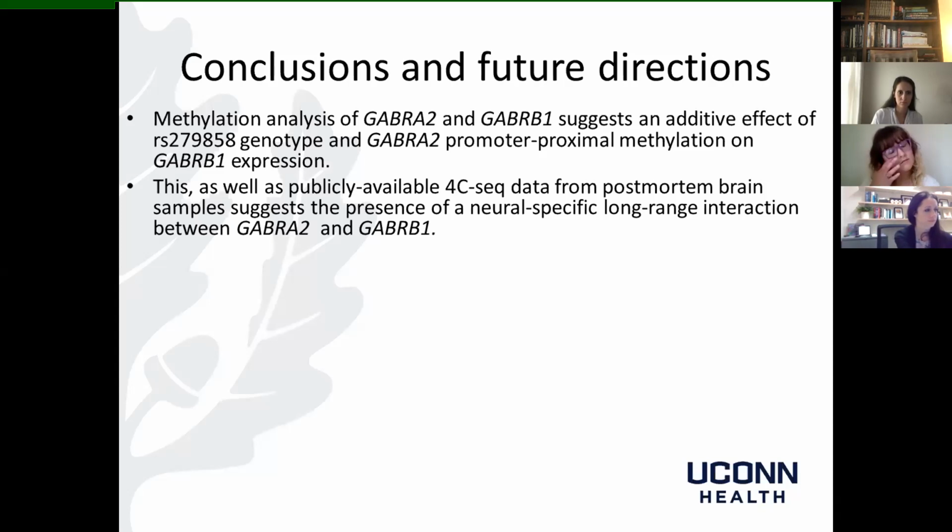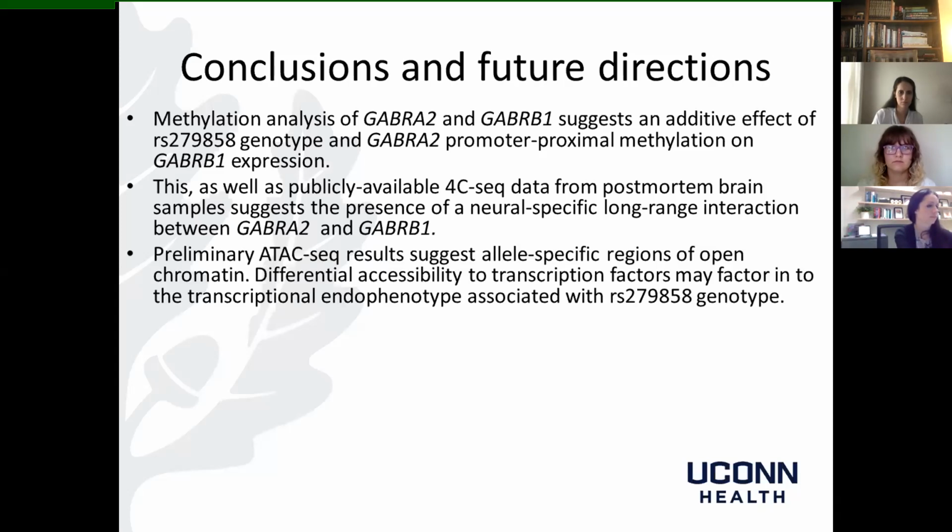And this, as well as the publicly available 4C data from the dorsolateral prefrontal cortex, as well as other postmortem brain samples, suggests the presence of a neural-specific long-range interaction between alpha-2 and beta-1. Preliminary ATAC-seq results suggest the presence of allele-specific regions of open chromatin, one of which I showed you today, and the other that is mentioned in the abstract.